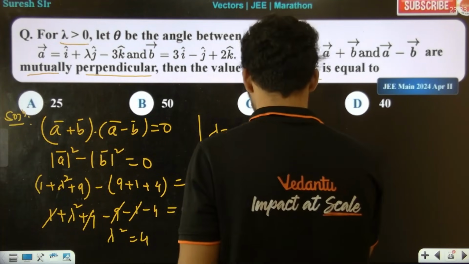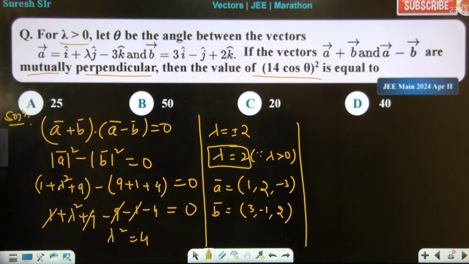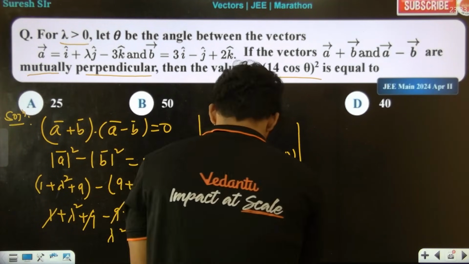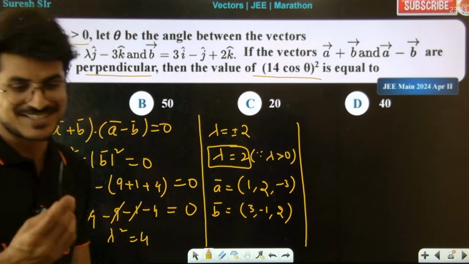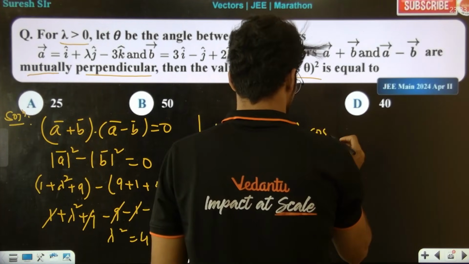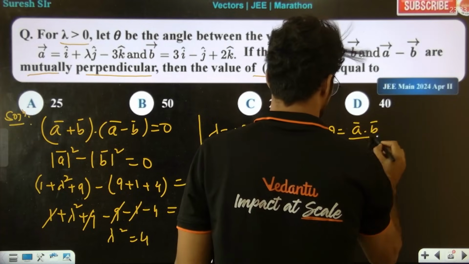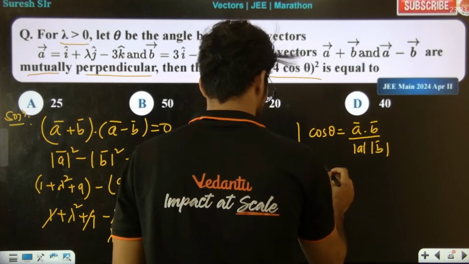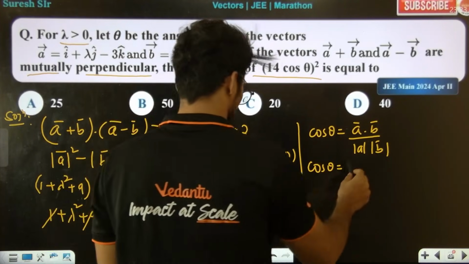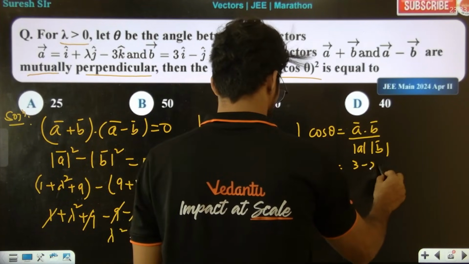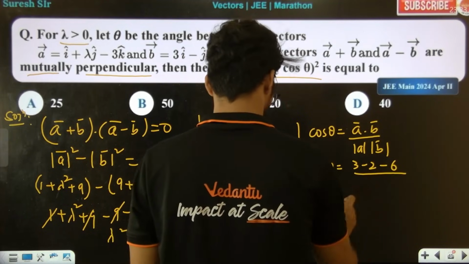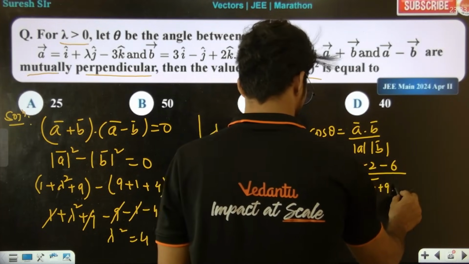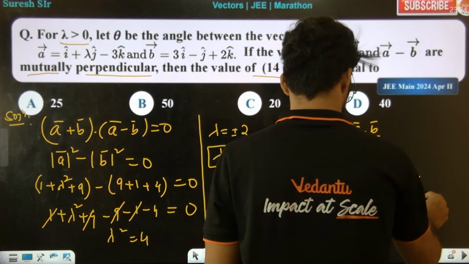Cool. So I have the A vector and the B vector. Now I want cos theta whole square, where theta is the angle between the vectors. What is cos theta? A dot B divided by magnitude of A into magnitude of B. The dot product of these two vectors is 3 minus 2 minus 6, divided by the square root of 1 plus 4 plus 9 into the square root of 9 plus 1 plus 4.